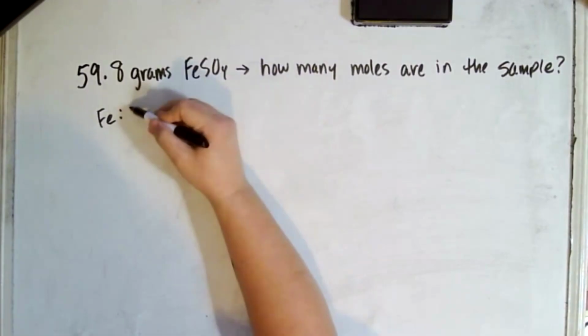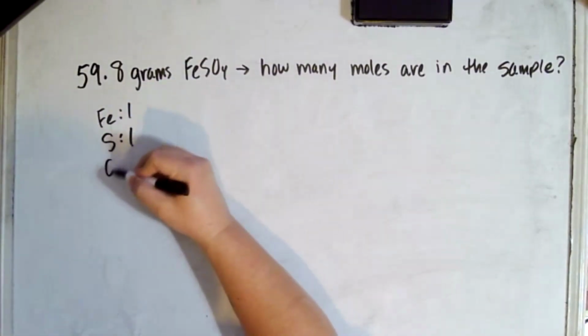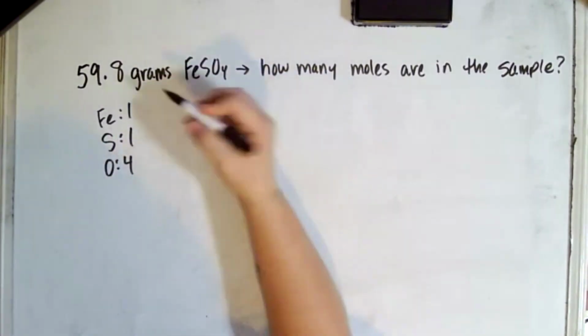So I have 1 iron, 1 sulfur, and 4 oxygens.